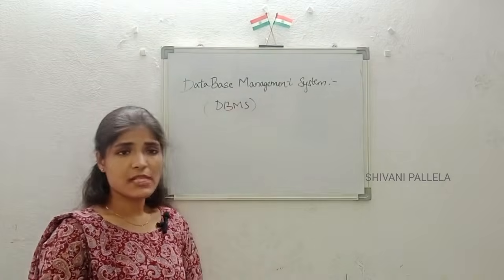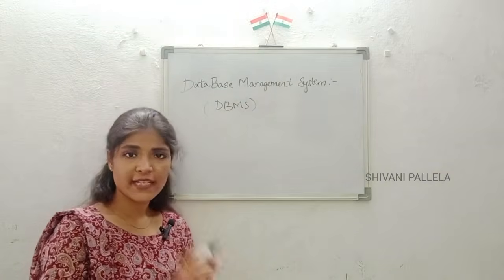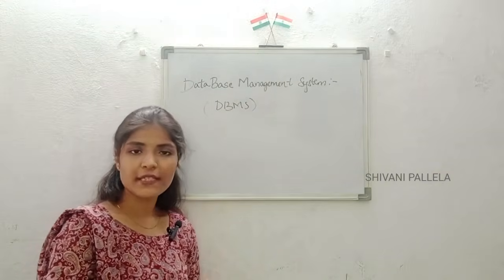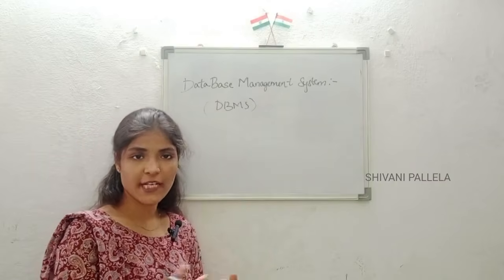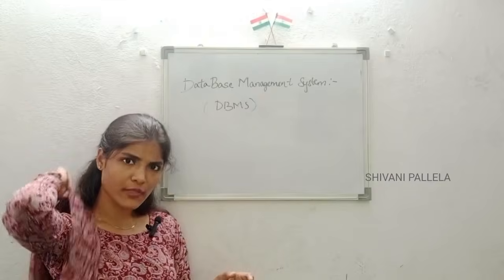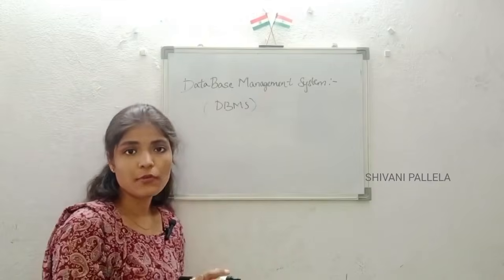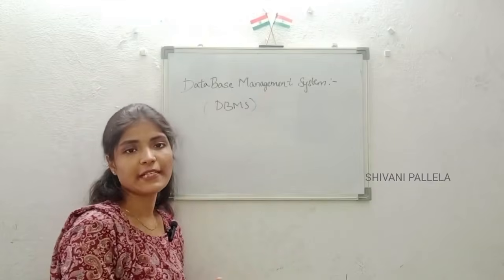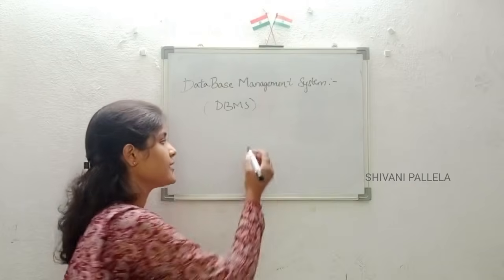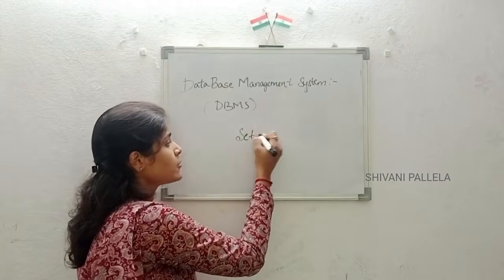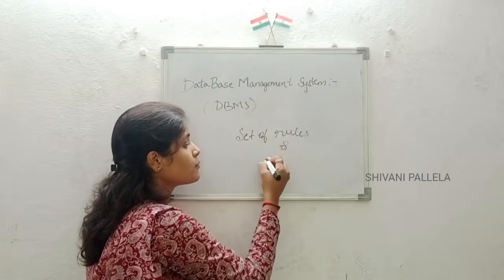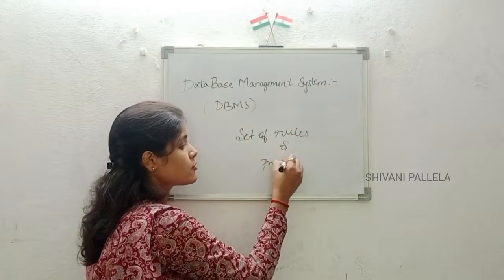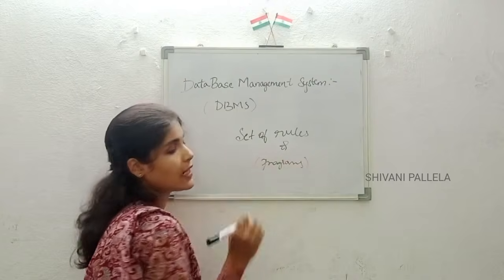So DBMS means what? We are getting the data, we process the data into information, and we are storing the data in a database. What will DBMS do? Whichever interrelated data is there, it will get a certain set of rules or programs for the storage of the data.